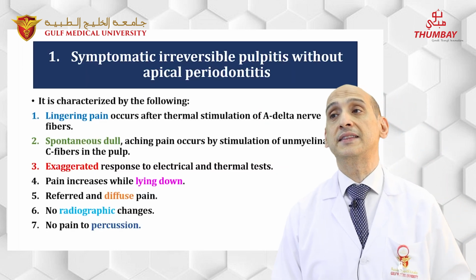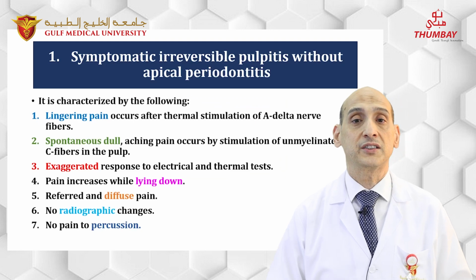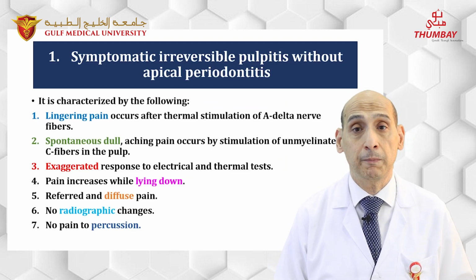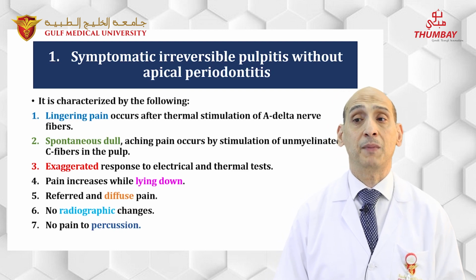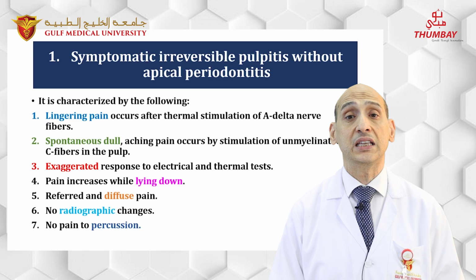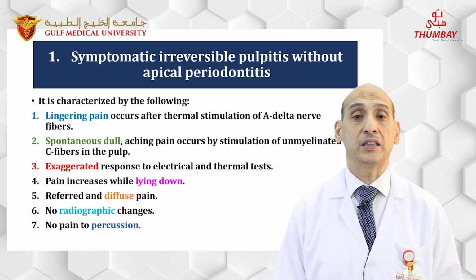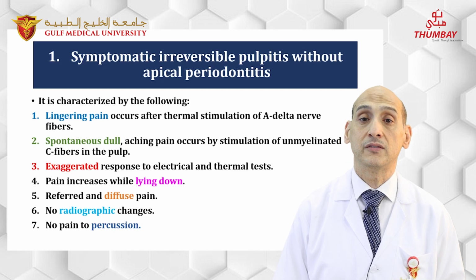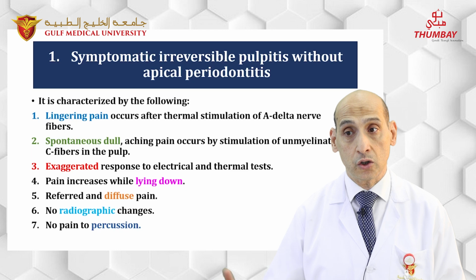The first case is symptomatic irreversible pulpitis without apical periodontitis, or you can say with normal apical tissue. As we mentioned before, it is characterized by lingering, spontaneous, dull aching pain, and an exaggerated response following a stimulus like cold or hot, with a lingering response.